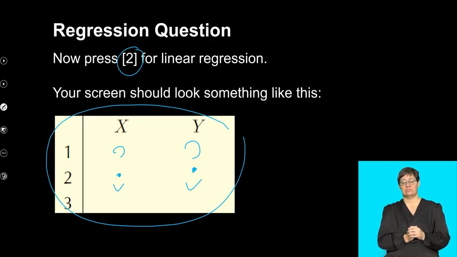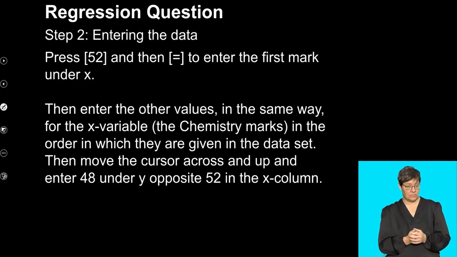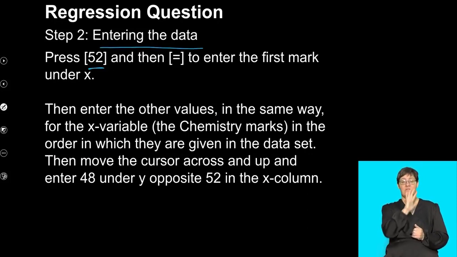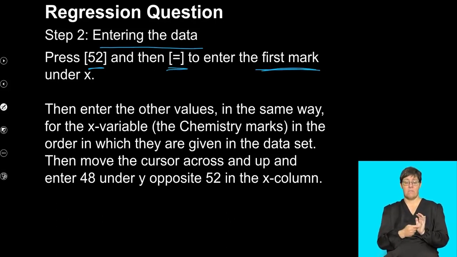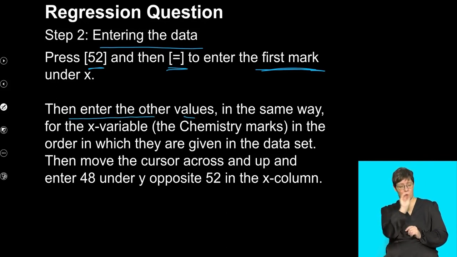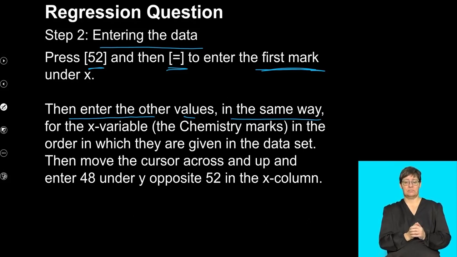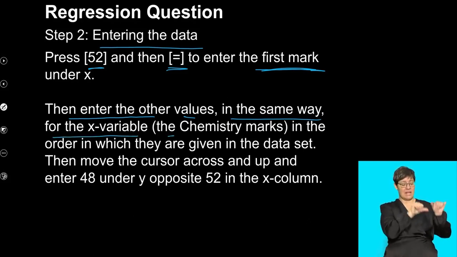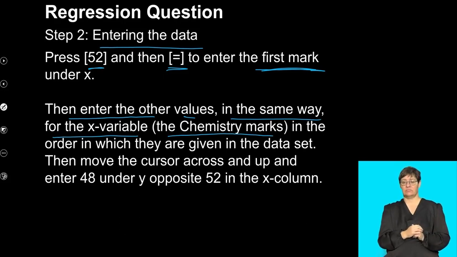So, entering the data, for example, you say 52, which we had for chemistry, then equals to enter the first mark. Then enter the other values in the same way for the X variable, the chemistry marks, in the order in which they were given. That's very important.